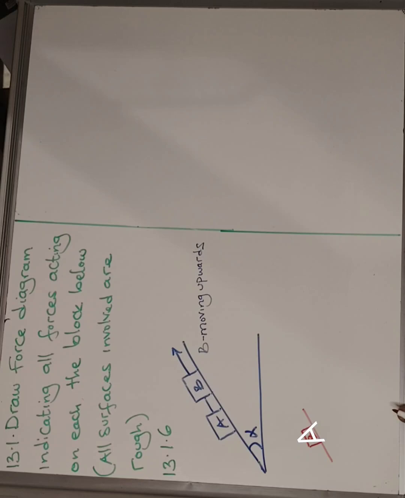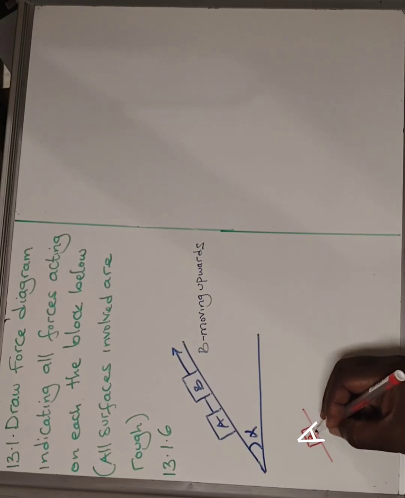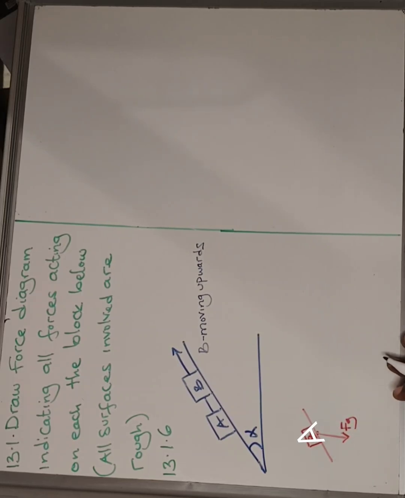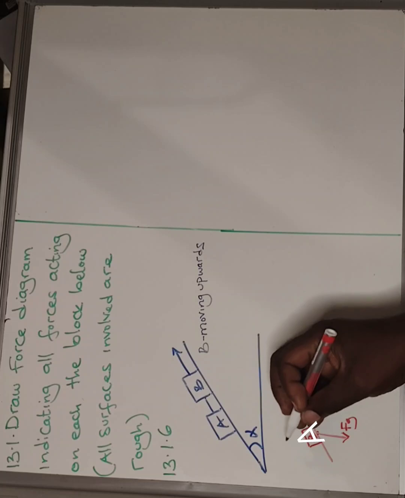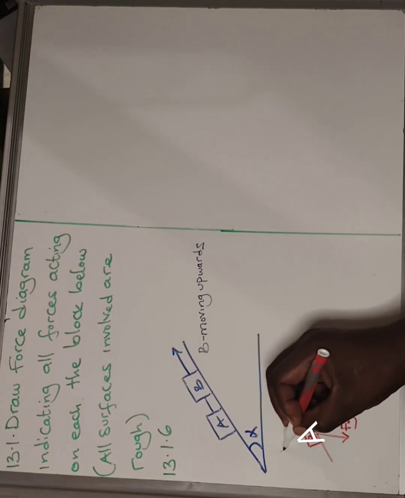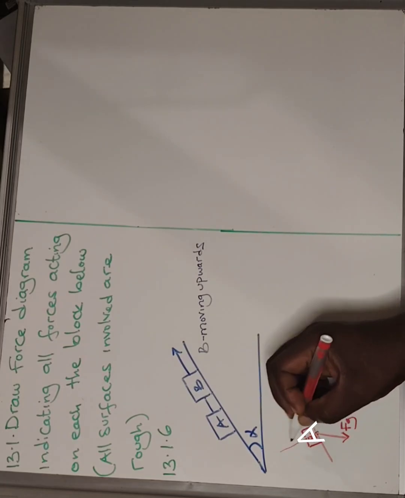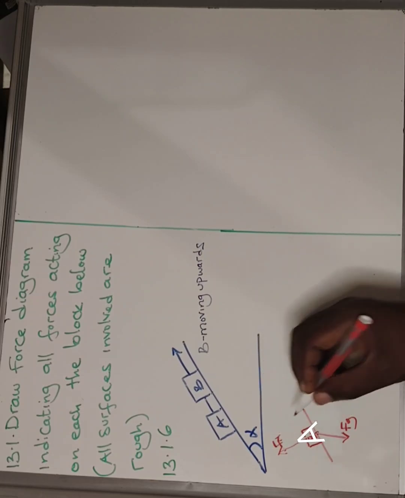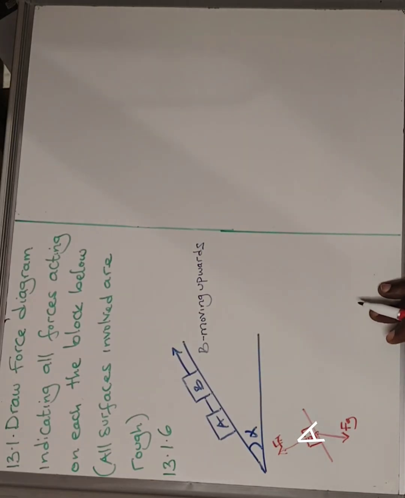Let us explore the forces which we know. The first one is the usual, traditional one, which is Fg, acting vertically downwards. This is an incline, so remember the normal force must meet the surface at 90 degrees. So that's our normal force. What else do we know?